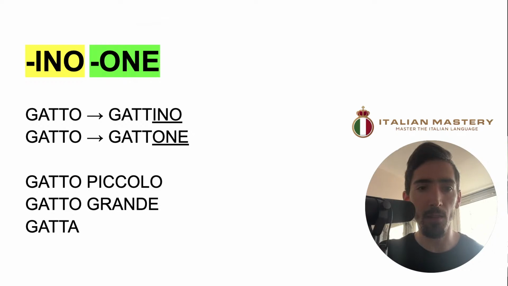I am going to quickly switch to this. All right, great. So I don't know if you've ever seen this ending, INO and ONE. These are just two examples. In one more minute I'm going to explain it quickly, and then we can go through a bunch of exercises.